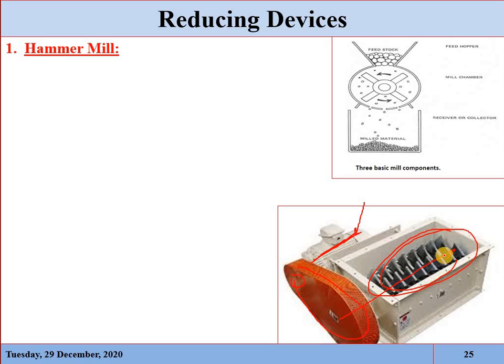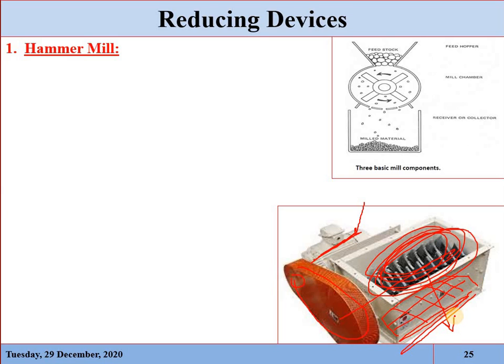The product which you want to reduce is put in here, and it will be hit a number of times by these hammers. At the lower portion of the casing a screen or sieve is attached so that the reduced particles may pass through it.